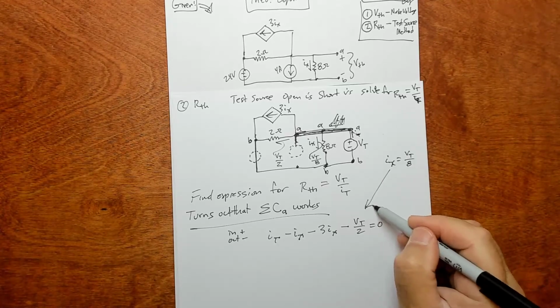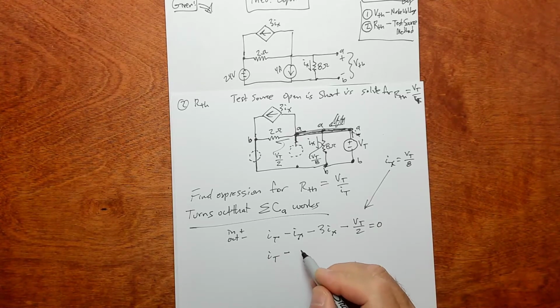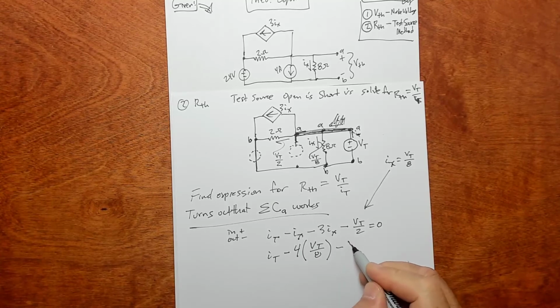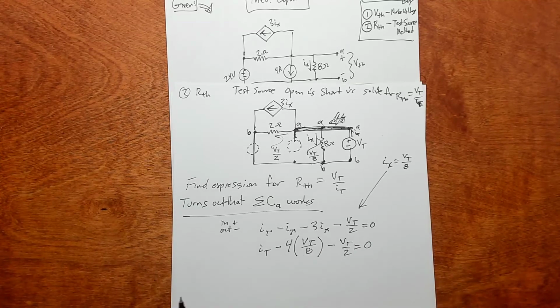You can plug that in here, and you're going to get I sub t minus, let's factor the 4. And you get that. And this expression has 2 variables, Vt and It.